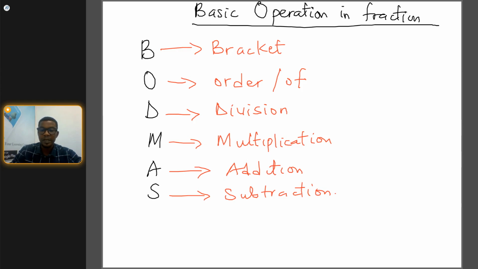We want to take an application on how to use the rule of BODMAS. We want to apply this rule to some questions. If you get the rule of BODMAS, thumbs up.